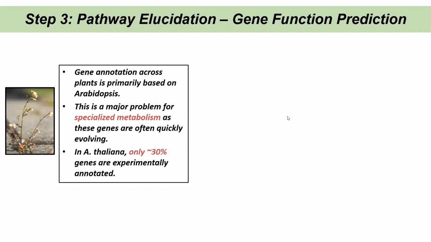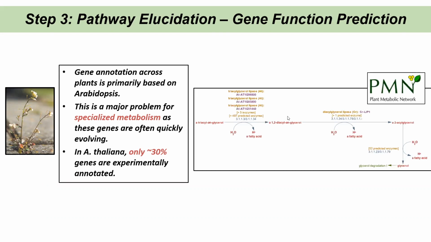Furthermore, within Arabidopsis, only about 30% of genes are experimentally annotated. So for the majority of the genes that we're transferring function across species, we're not sure what the function is. An example of what this can lead to: there are different algorithms that, on a global scale across all plants, predict which genes are acting as which enzymes in specific pathways.